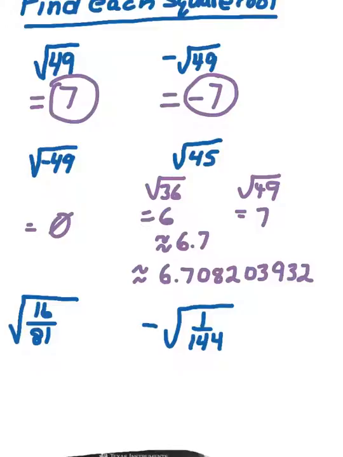We're going to round to 3 decimal places, so we're looking right here, and since this 2 is 4 or below, we're going to leave that approximation at 6.708.